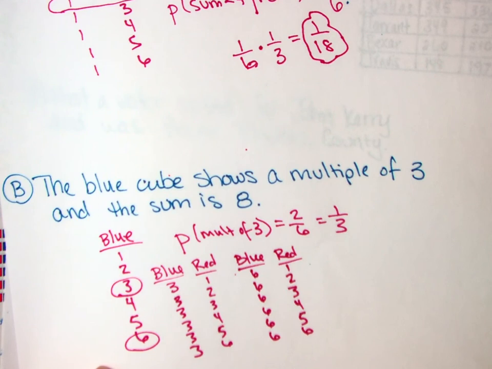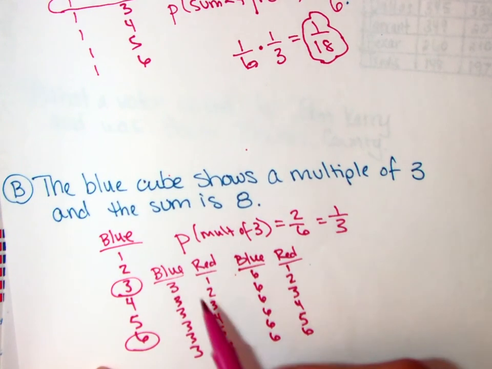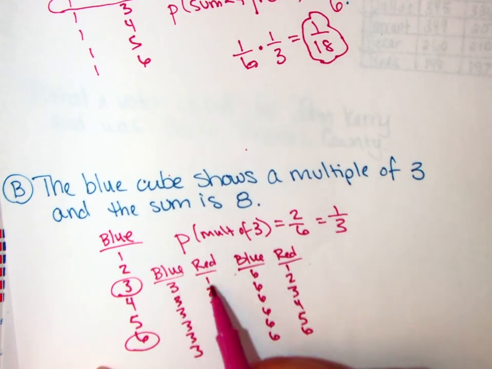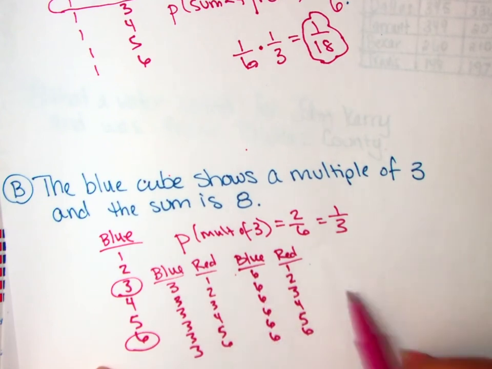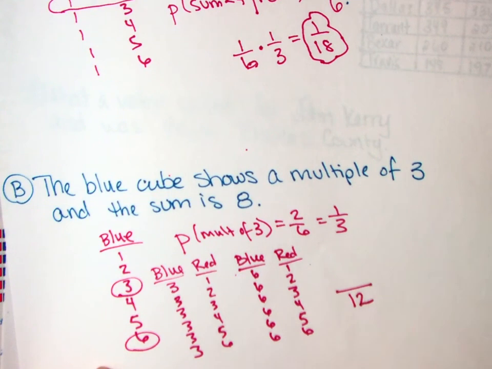Okay, so out of all of these, 1, 2, 3, 4, 5, 6, 7, 8, 9, 10, 11, 12, I have 12 total.